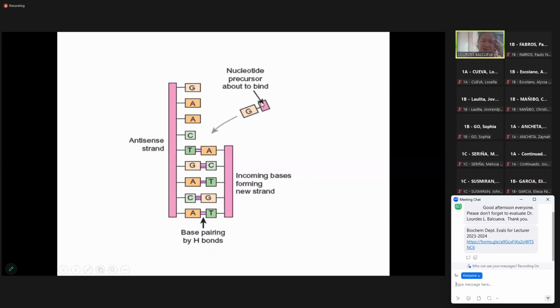What enters into the chain would be a nucleotide triphosphate, like cytosine triphosphate. This is the incoming, and this is the new strand that is being formed, and this is the incoming nucleotide.